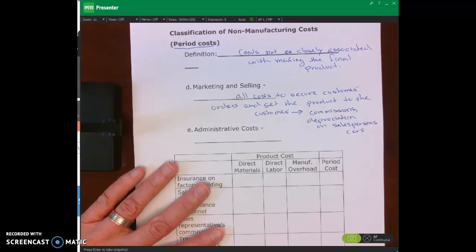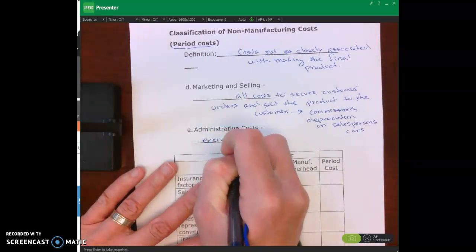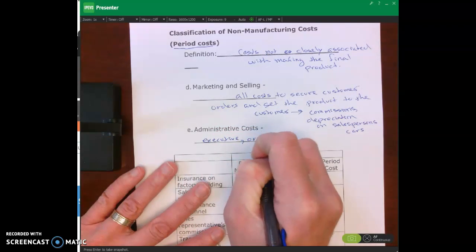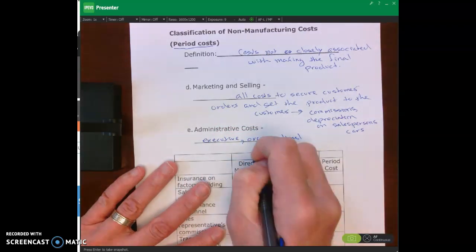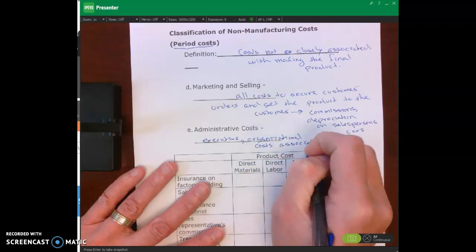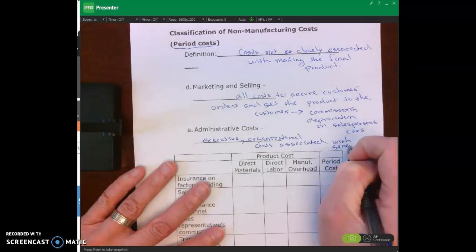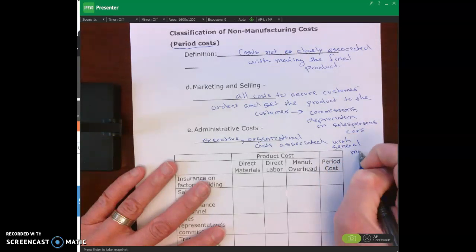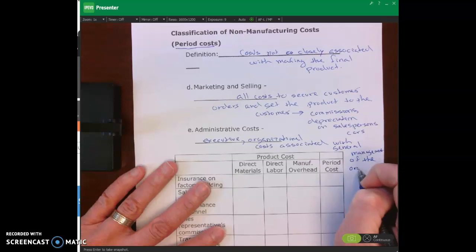And then we can have our administrative costs: executive, organizational costs associated with general management of the organization.